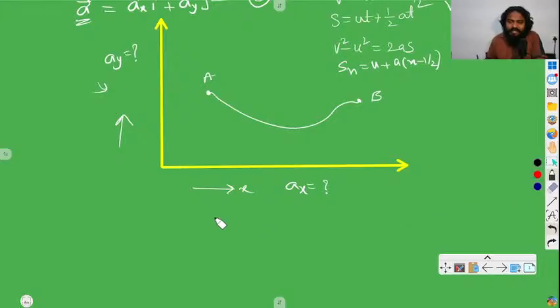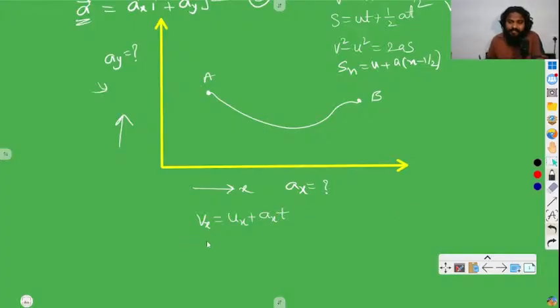For example, you can apply vx = ux + ax·t to find the final velocity along the x-axis, right? What is ux here? Initial velocity along the x-axis, ax is acceleration along the x-axis, and time. Here time is the same; we can't give an axis for time.